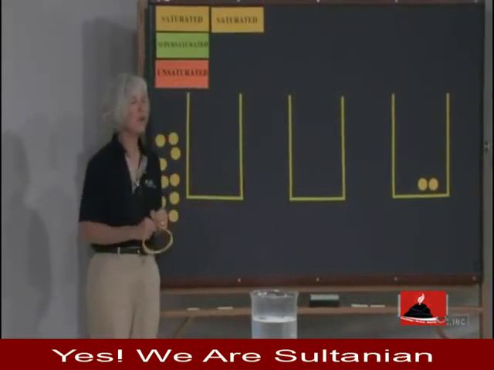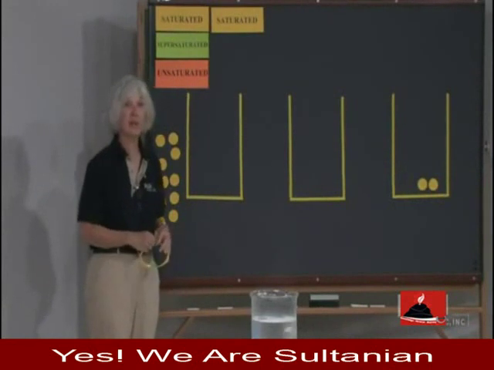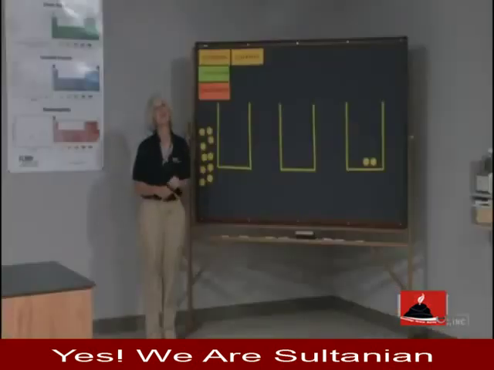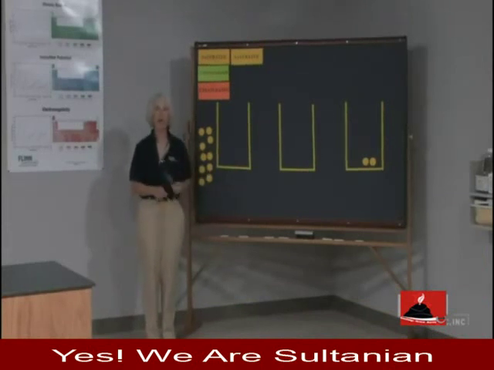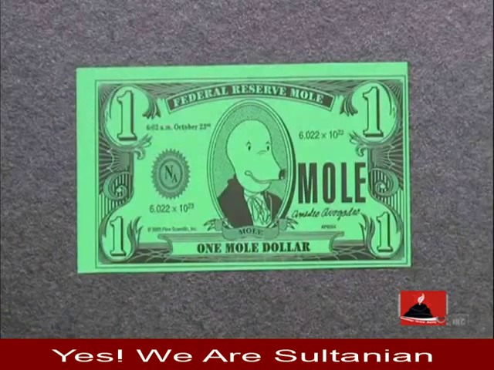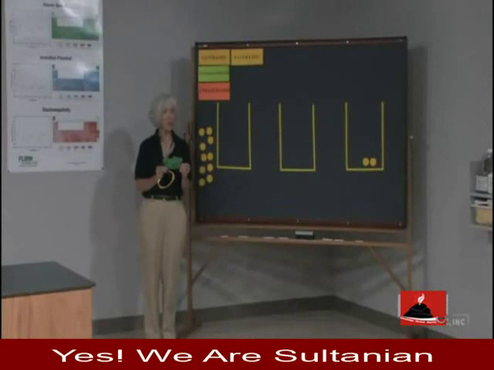Now, perhaps you have found that to get students to take part in this kind of come-to-the-board activity, you have to give them a little bit of an incentive. So what I do is I bribe them, and I'll say, this is what is known as a mole dollar opportunity. And what they do is they get these mole dollars, which they can cash in as bonus points on a test later on.